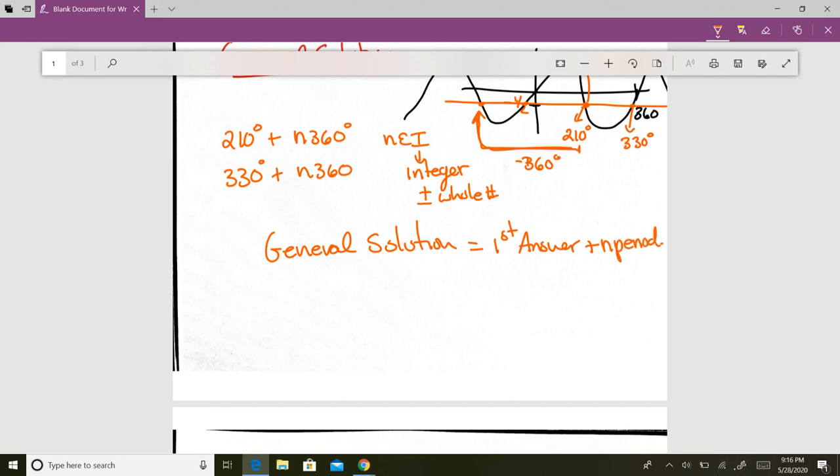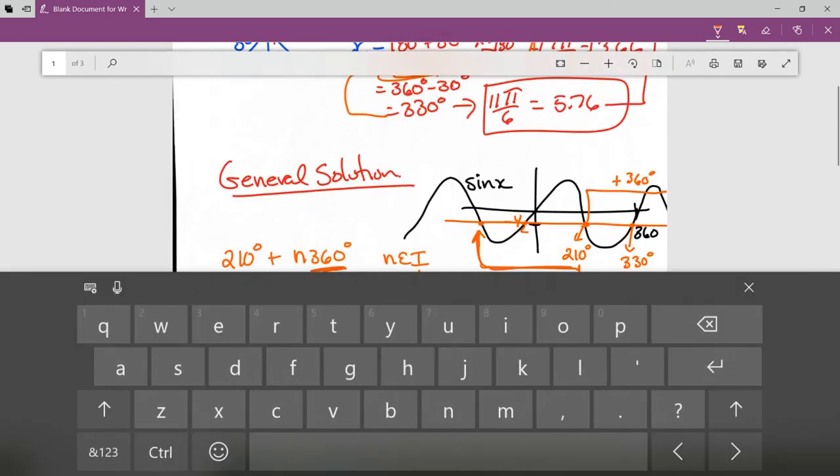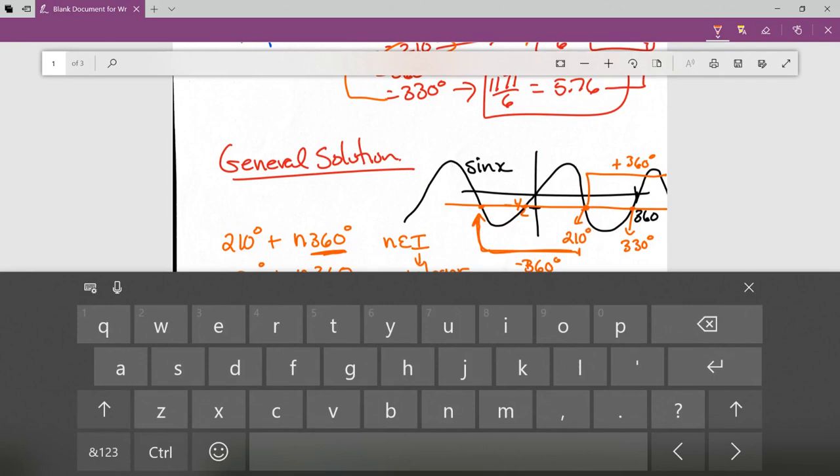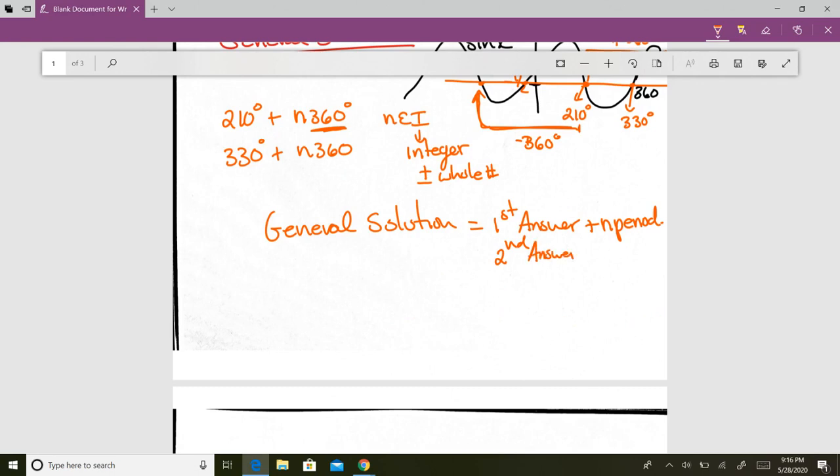The period of the sine graph is 360 degrees. And your second answer, plus n times the period.